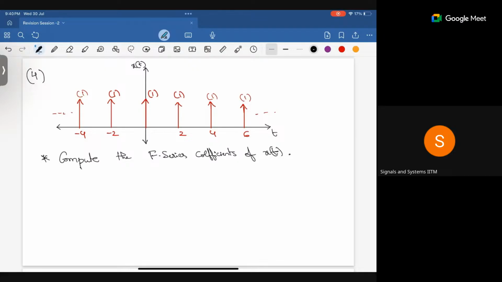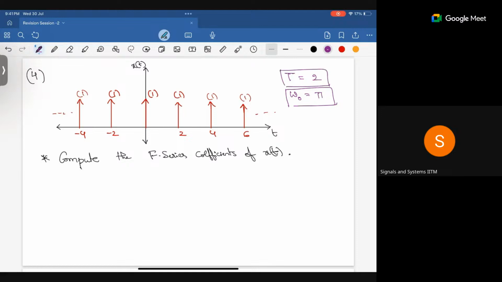So firstly, we should see what the time period is. What is the time period of this signal? Good, 2. So if the time period is 2, omega naught is pi.